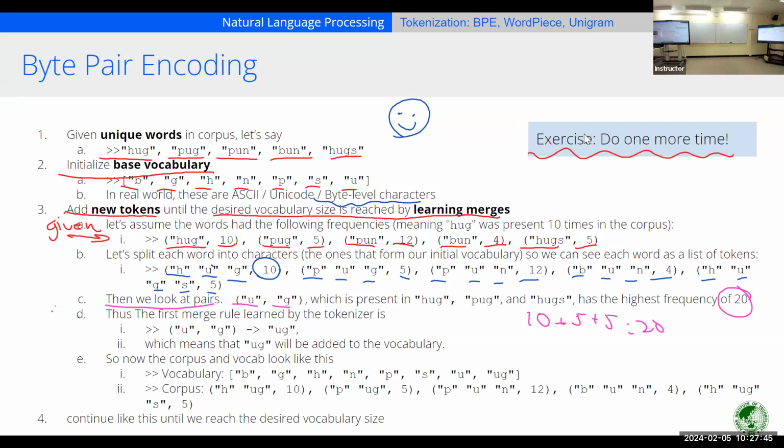So now we merge them. Okay? And in here, the base vocabulary will change. This would be something like this.